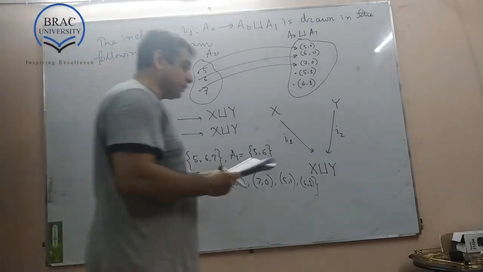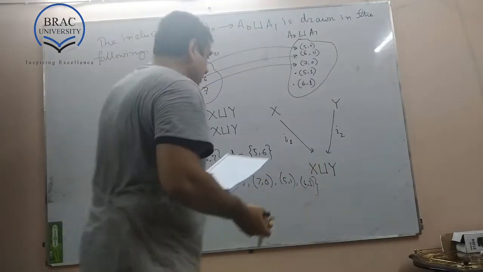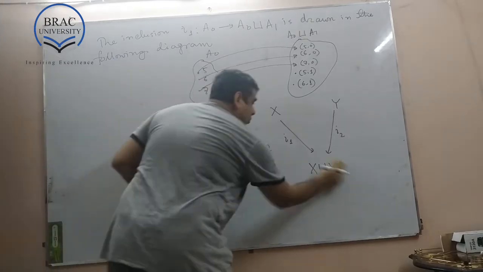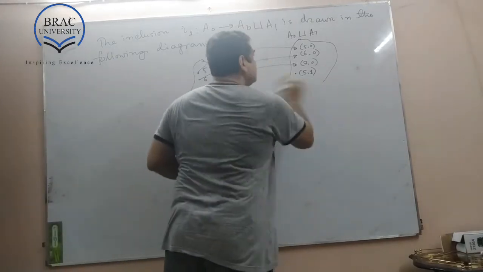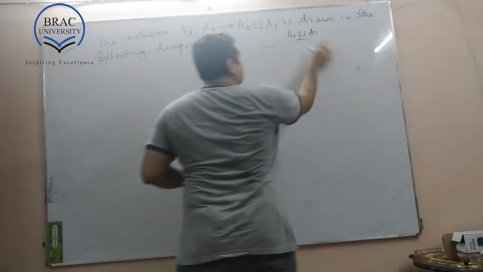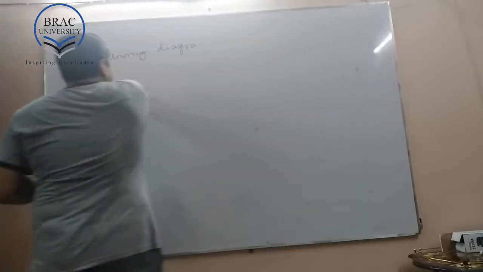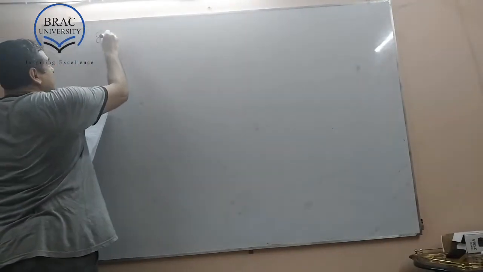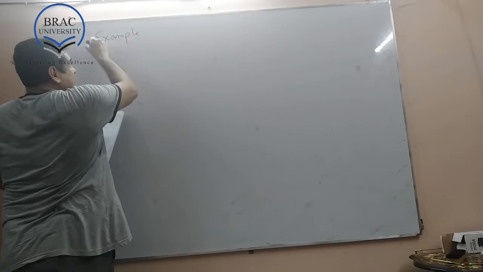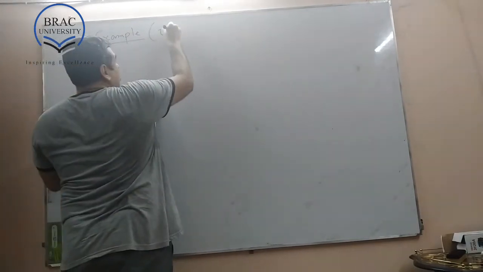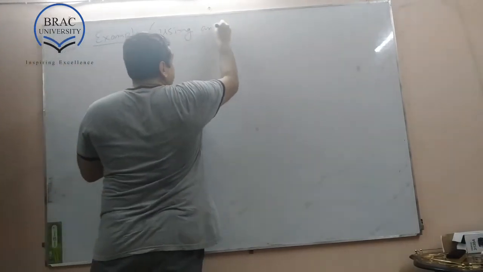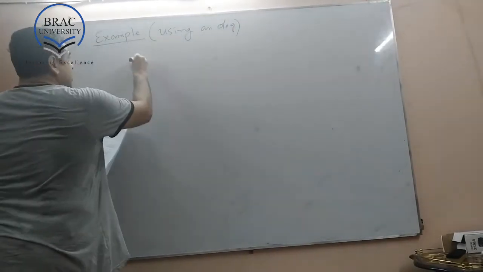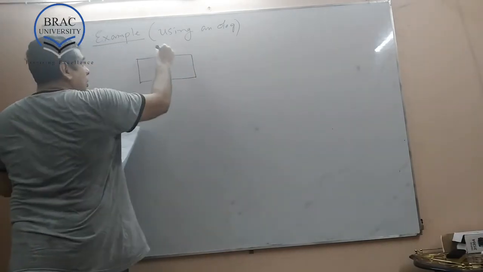Let me give you an example using an Olog now. An example of coproduct using an Olog. So there are two types here for the Olog.